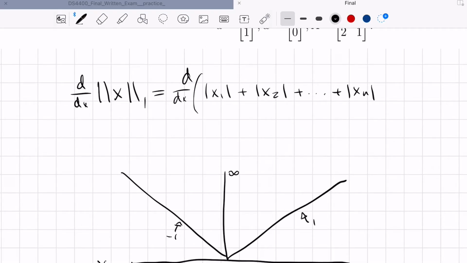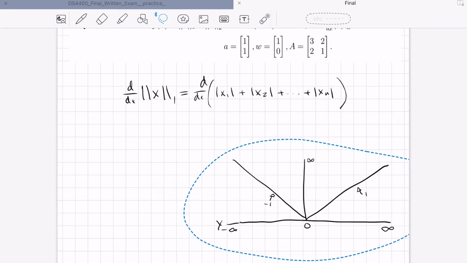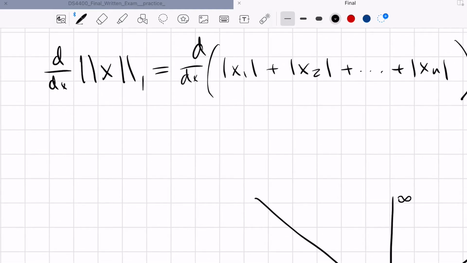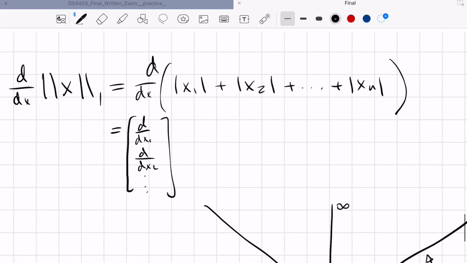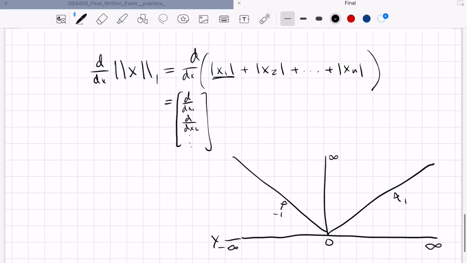If we start taking the derivatives of each one of these sum terms, what we'll get is a vector: d dx1, d dx2, dot dot dot. The actual derivative of each of these terms depends on whether x is negative. If it's negative, it's going to be negative 1. If the value is positive, then it's just going to be 1.